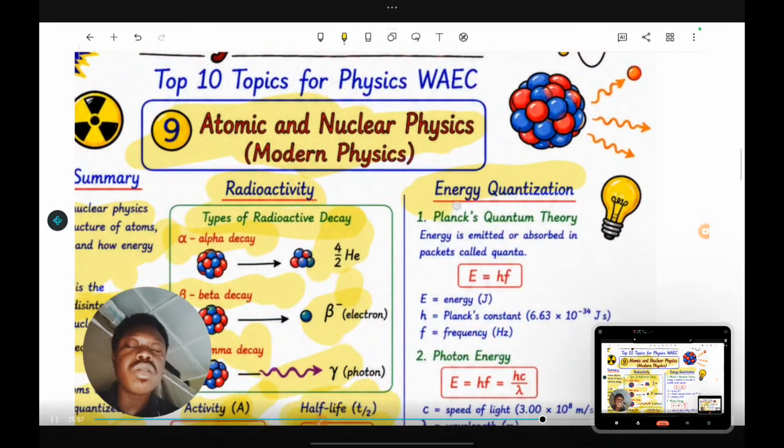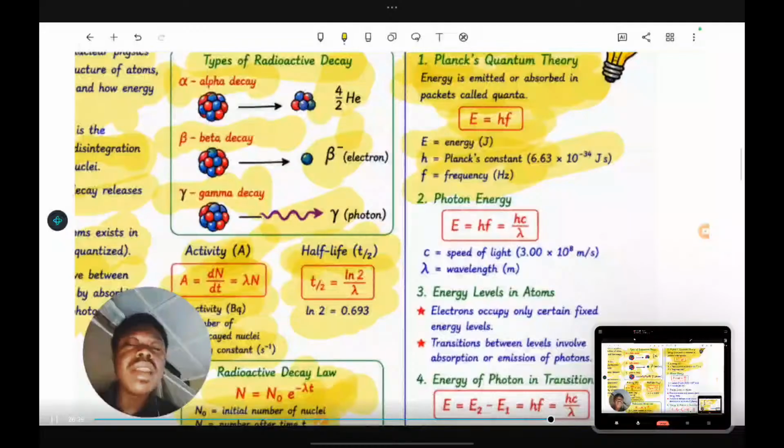So energy quantization, how does it happen? Number 1, you can use Planck's quantum theory to explain or solve the problem, because energy is emitted or absorbed in packets called quanta, and this is your formula. E equals H multiplied by F, where E is the energy, H is Planck's constant, and this is its value, and F is the frequency in hertz. Then photon.